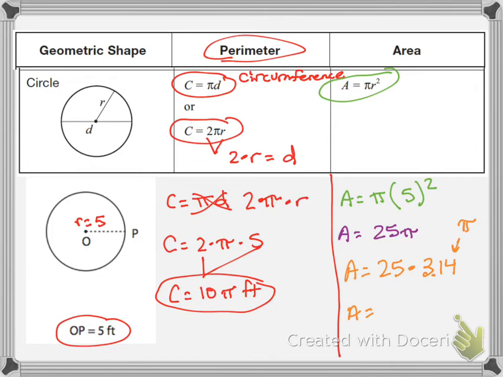So 25 pi is 78.5398. So depending on the rounding, we may round any of those. Oh, I forgot my units, feet squared.